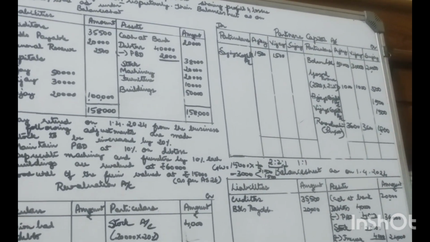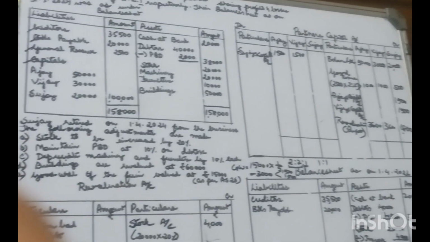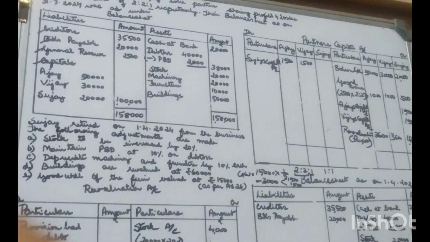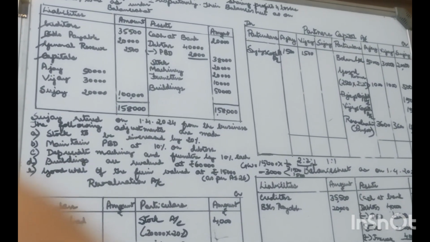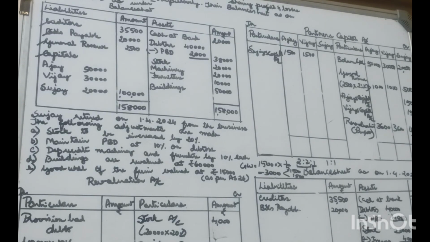Partners' capital account must be closed by making the total under the credit side.